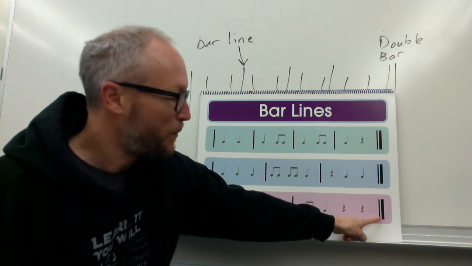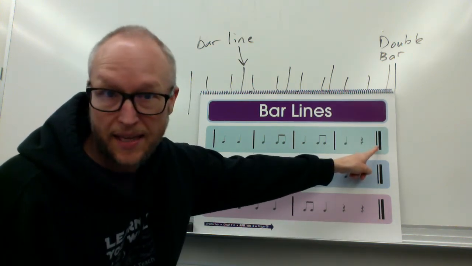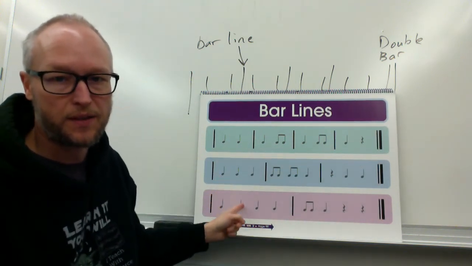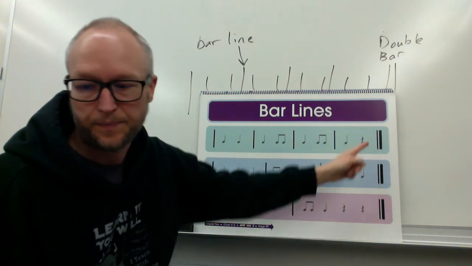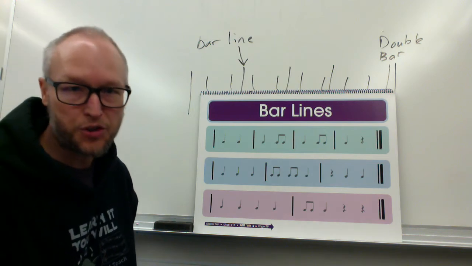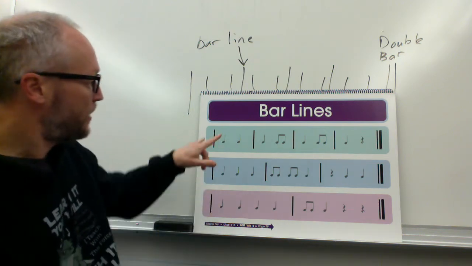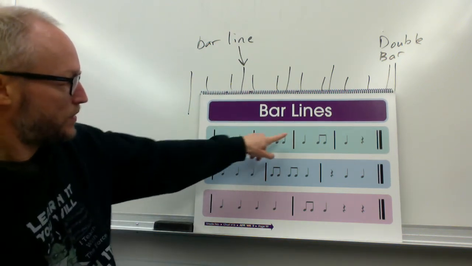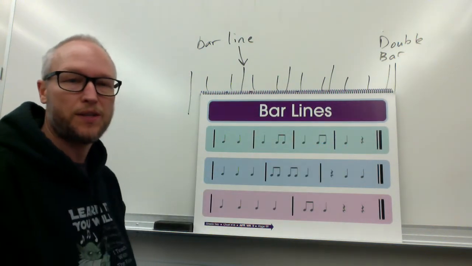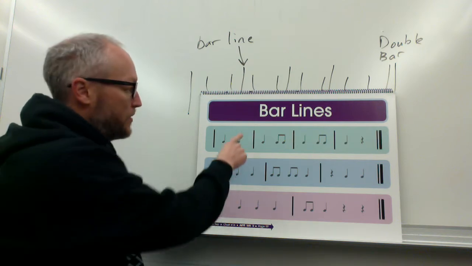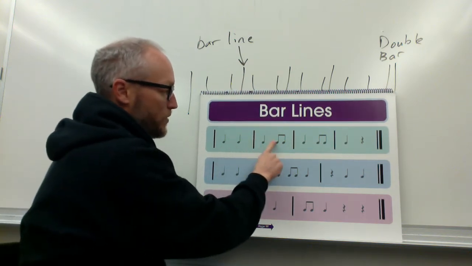And the purpose of the double bar lines is to tell you that it's the end. So there's really 3 different rhythms here, because they each end. How many measures do we have in each example? 1, 2, 3, 4. The measure is the group of beats that are all together. 1, 2, 3, 4.